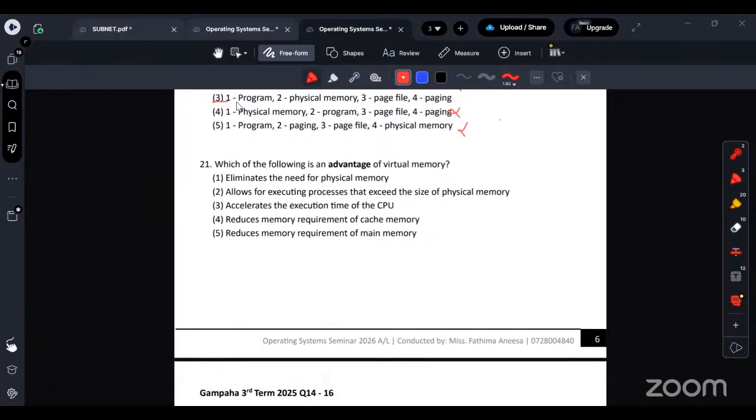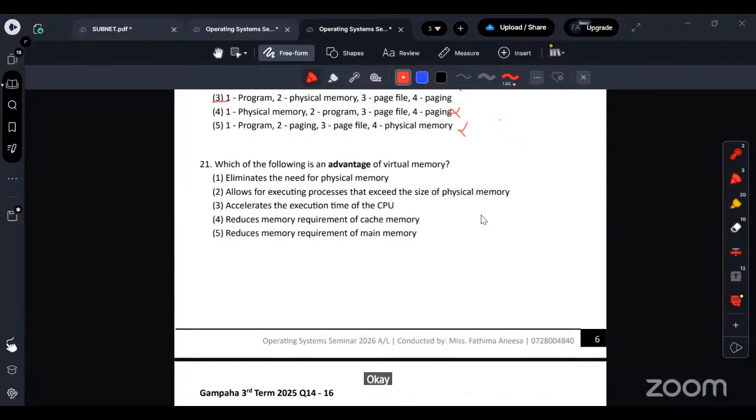Yes, correct. Ajmal, no, not correct. Lena, yes, got it now.